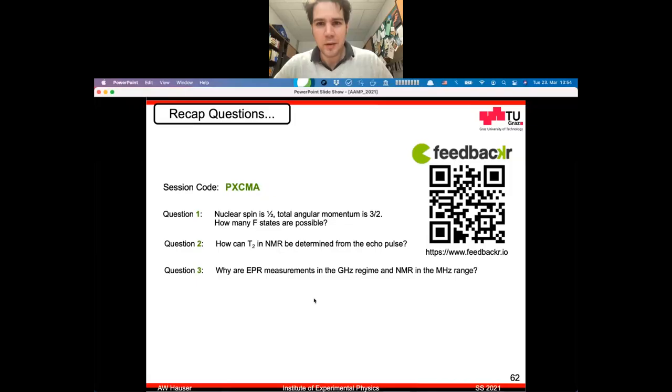And finally, why are EPR measurements in the gigahertz regime and NMR in the megahertz regime? Here there were 2 correct answers, and most had one of the 2 identified. However, both of them are correct, and it's just 50% each. So maybe you didn't see that it's actually 2 correct answers. It's either the Bohr magneton being larger than the nuclear magneton.